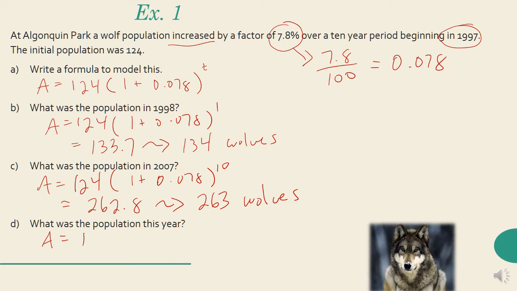So our formula, A equals 124, 1 plus 0.078, and then 2021 minus 1997 gives us 24. Enter that into your calculator just like you see it. 124, open bracket, 1 plus 0.078, close bracket, to the exponent 24.